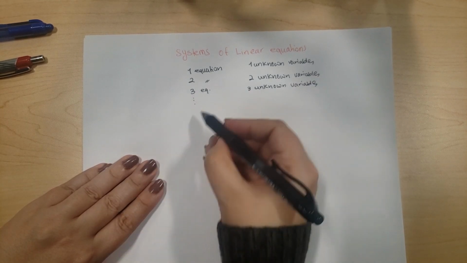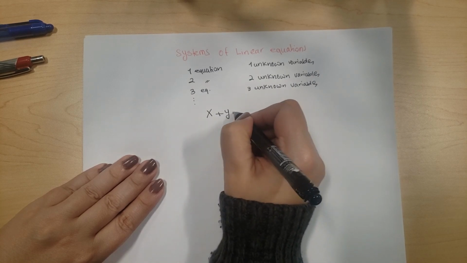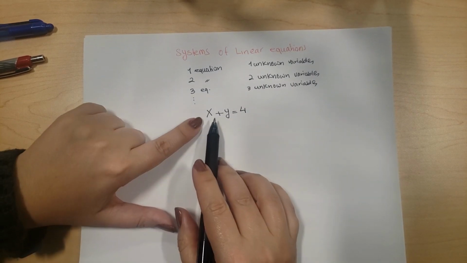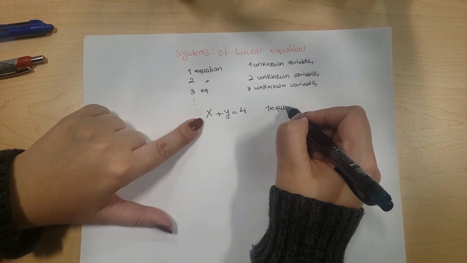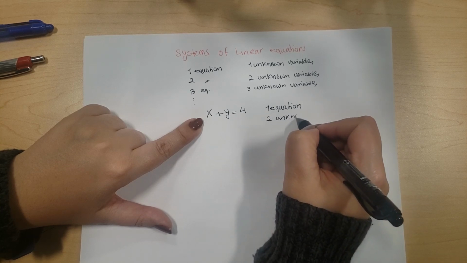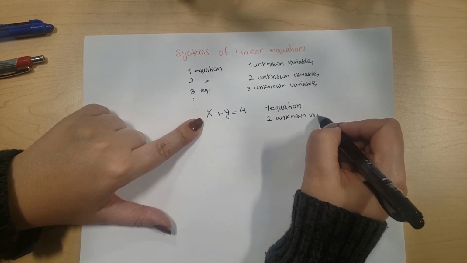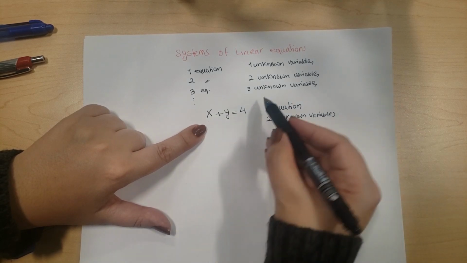Sometimes you have x plus y equals 4. There is one equation here, and two unknown variables. As you can see, what are the unknown variables? x and y.